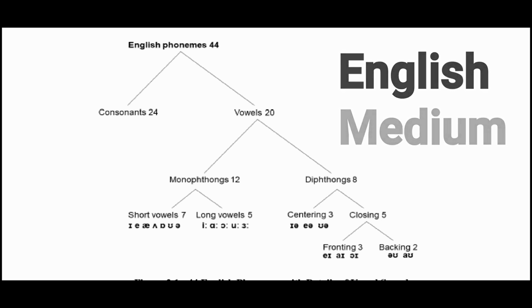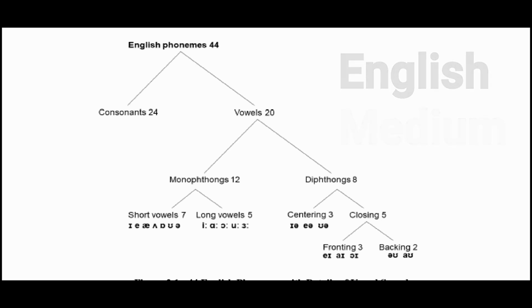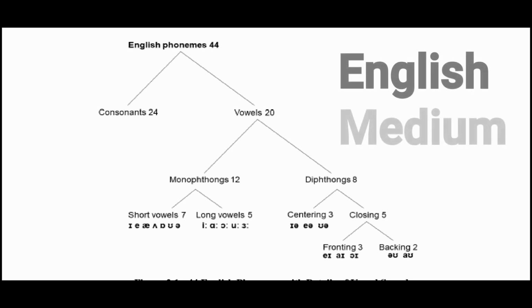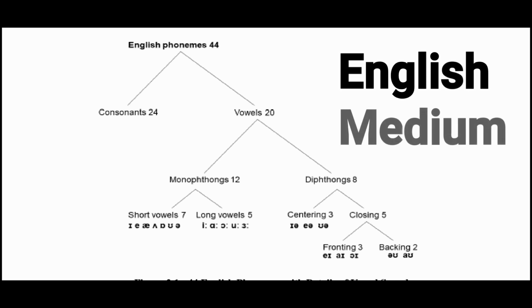Now let's go back to diphthongs, and diphthongs are 8. So 12 plus 8 is equal to 20 vowels. So monophthongs and diphthongs are based on two words, for example mono and di. Monophthongs are called mono because a single sound is created.